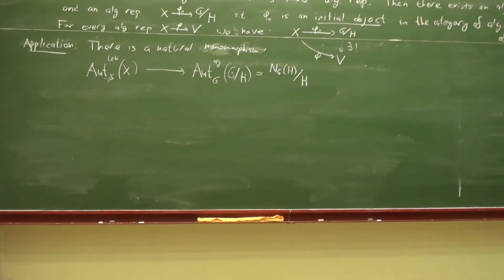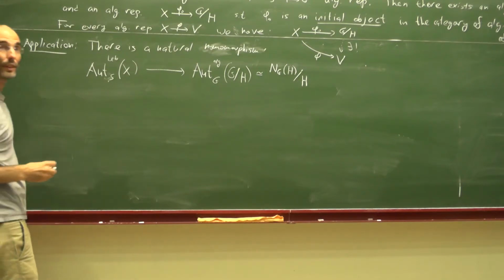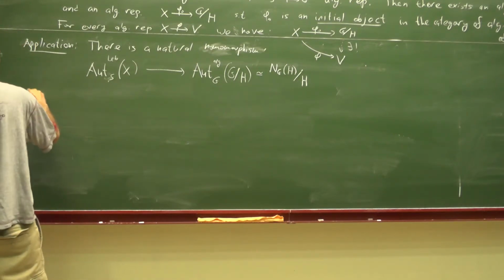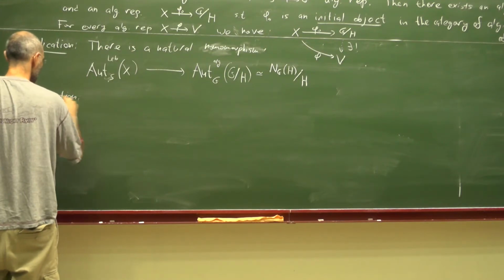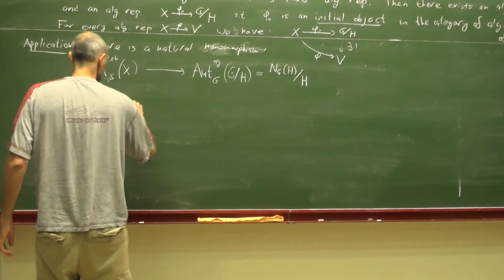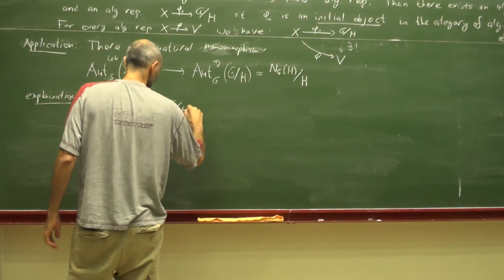So this is just the naturality or the universality of this initial object, let me very briefly explain this. So, explanation. We have this map from X to G mod H. This is phi 0.